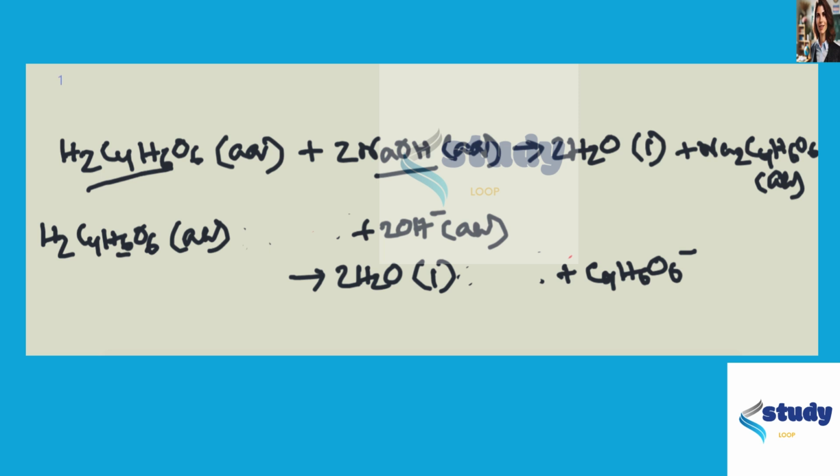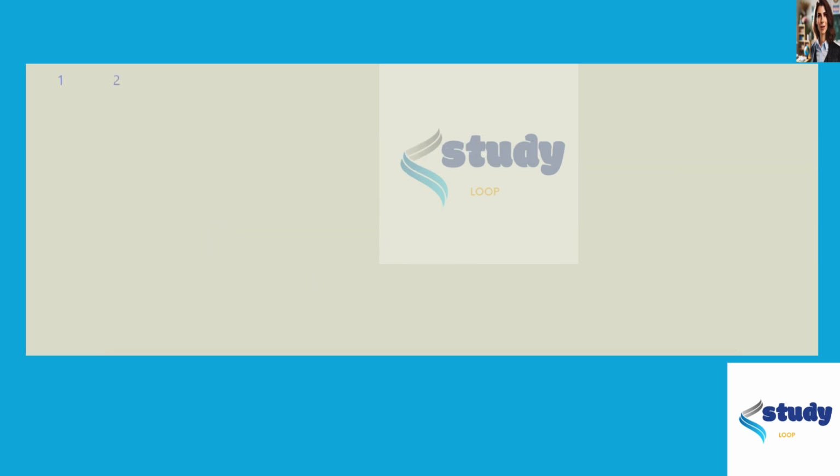Now, in the second part of this problem, we have to find out the molarity of the tartaric acid. To do that, first you have to find out the number of moles of the sodium hydroxide given from its molarity and volume.